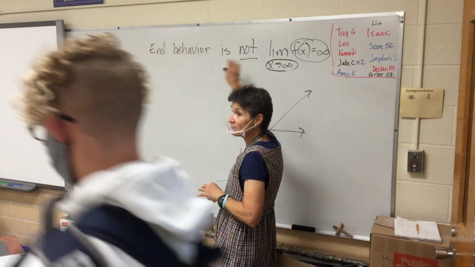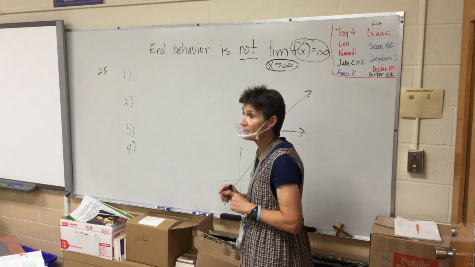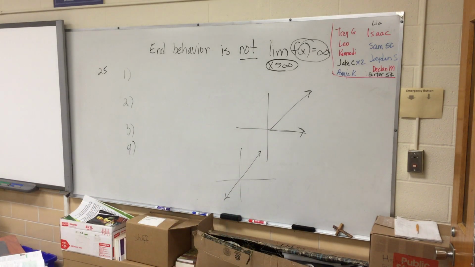I want you to find 4 that don't do that. So can you find 4 functions that as they go right, they are not going up? Or they're not heading toward infinity. I mean, they're not infinitely shooting off into space.